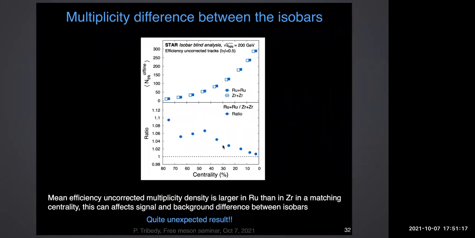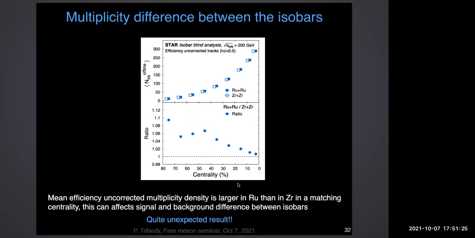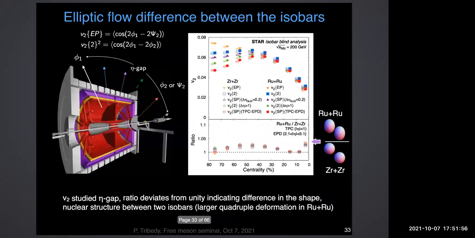And here is the ratio of ruthenium over zirconium, and you see that the ratio is above 1, and that was the first unexpected thing. Remember when we were designing this experiment, we thought that the multiplicities would be the same, but we saw that multiplicity is larger in ruthenium than zirconium. One explanation is that ruthenium is a slightly smaller size nucleus. That's the first result: multiplicities are different between these.